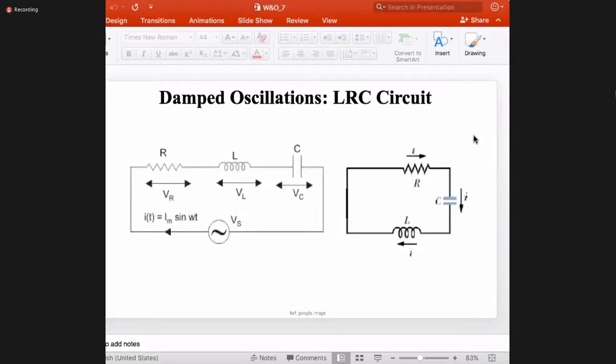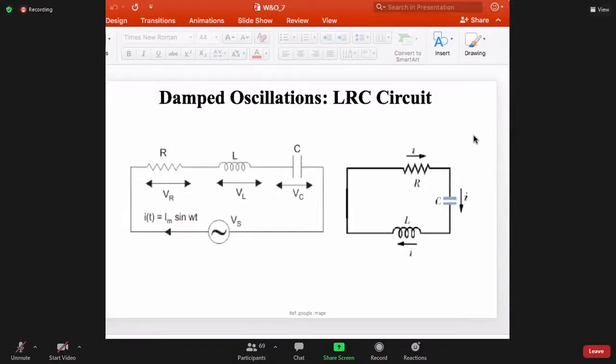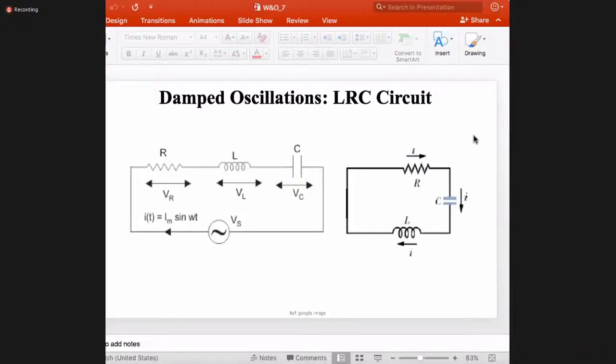Okay, so our next target is the LRC circuit. We will see how the damping conditions appear in reality.